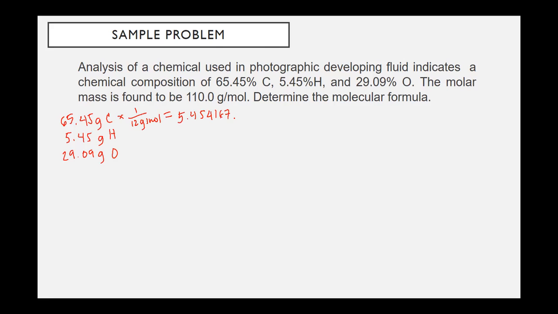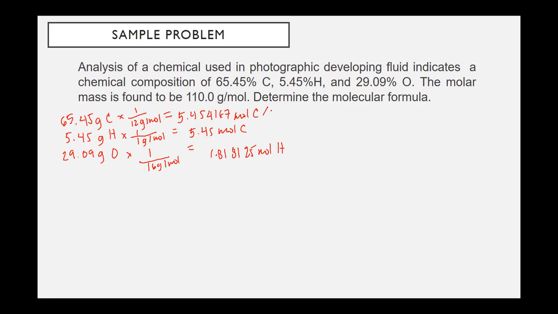So this will be equal to 5.454167 mole C. Ito naman, divide natin sa kanyang molecular weight. We'll get 5.45 mole H. So then, sa kanyang molecular weight, which is 16 grams per mole, we have 1.8125 mole O. So, hindi pa natatapos dyan. We will divide all of this into the smallest value na na-compute natin.